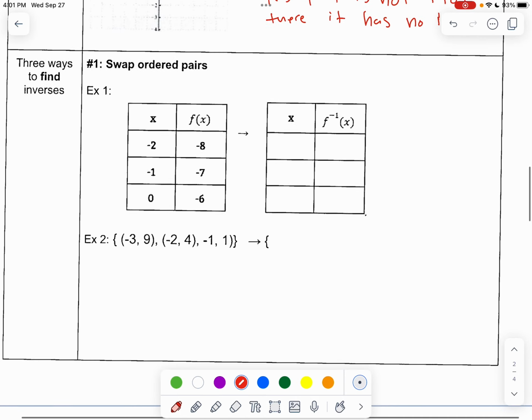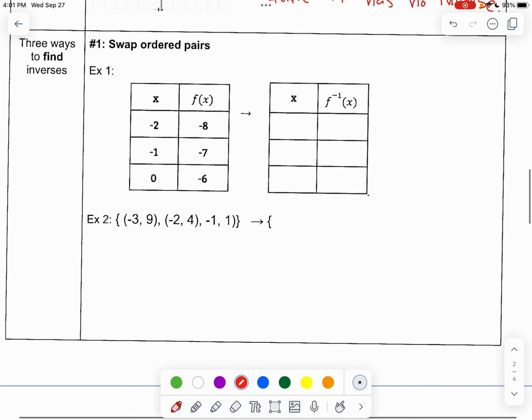So here we have 3 ways to find inverses. So just kind of looking at certain problems. First one is swapping ordered pairs. So if you swap ordered pairs, we mean -8, -7, and 6 go as your x, and then -2, -1, 0.